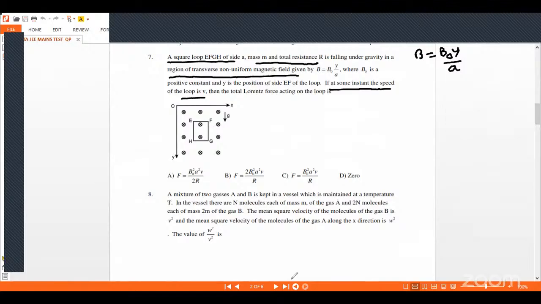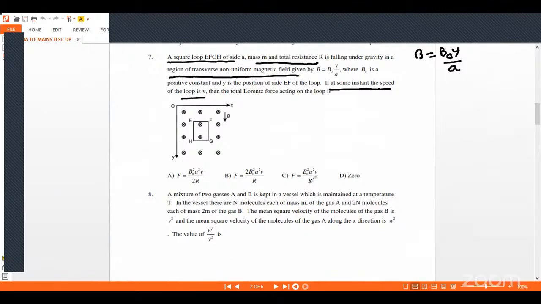Firstly, you can see the motional EMF. The motional EMF in EF and FG is 0 because they are parallel to OX and OY.